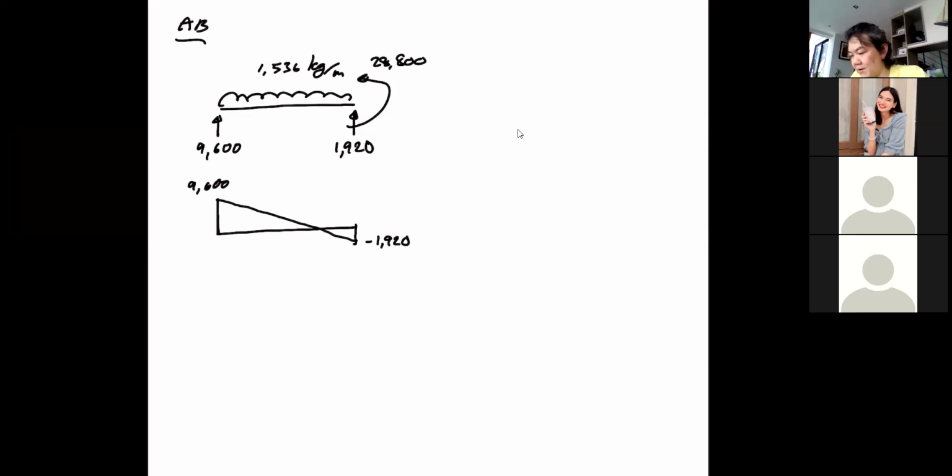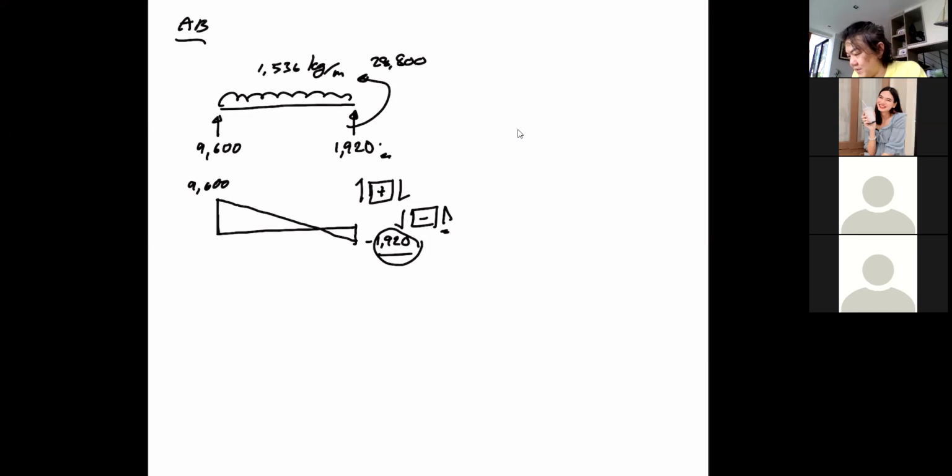Because if you look at the sign convention for the plus shear, this is plus shear, left up, right down. So when you have the value on the right minus, it means this is your sign convention. It's down and up. You see, minus sign on the right, it's up. So you know this is the upward shear. You guys should master the sign convention since statics. If you have not, I suggest this is the high time that you do it.